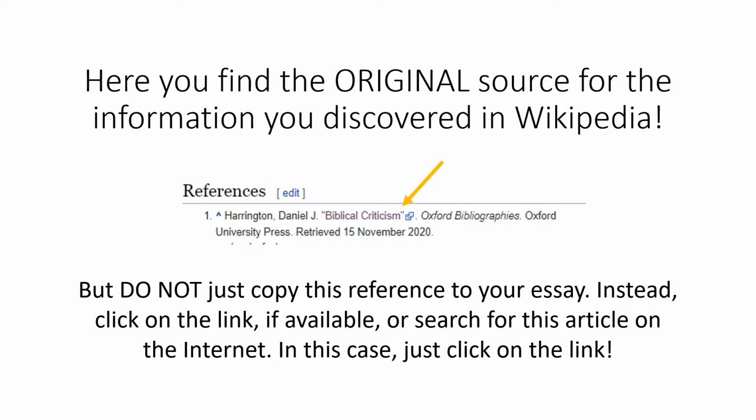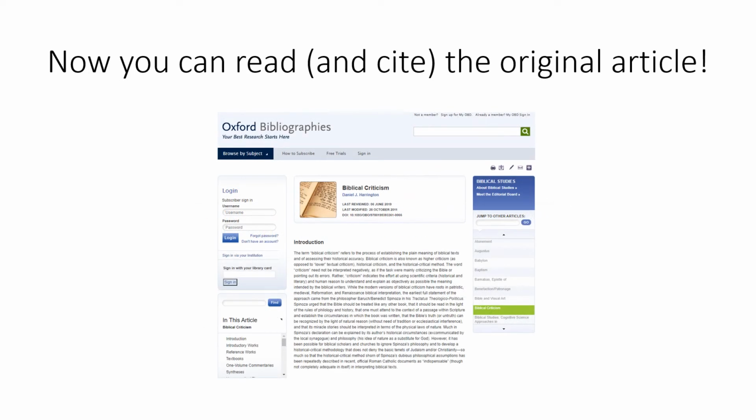So you click on the link, and the link takes you to, voila, the original article. Now you can read what Daniel Harrington actually wrote about biblical criticism, his definition, and you can cite this source, not Wikipedia, but the actual source on Oxford Bibliographies.